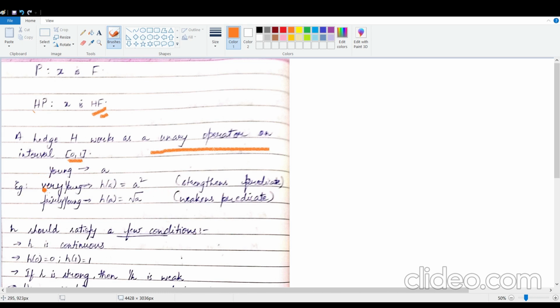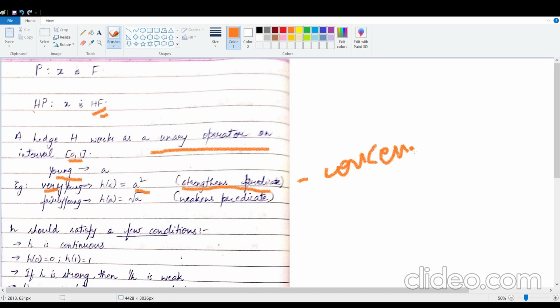All you need to remember over here is this part. Whenever you find very or something which accentuates the value of a predicate, all you have to do is think about ways to strengthen the predicate. Now a function like this, a square, definitely strengthens it, as I have already shown you. It gives you a smaller value. So this is equivalent to your concentration. Please do refer to that again in case you are confused about what I'm saying.